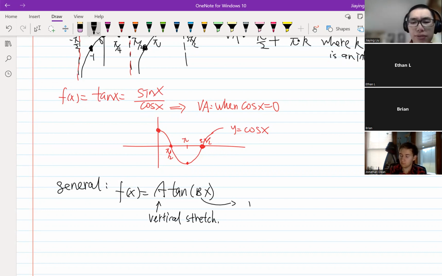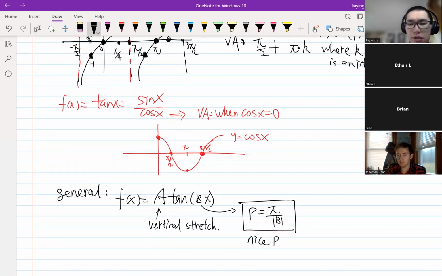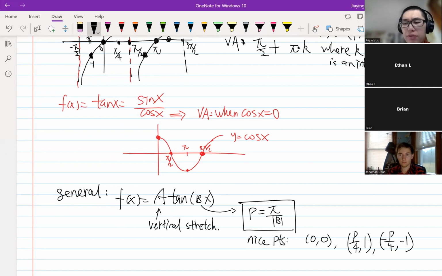We can write down the period is equal to pi divided by the absolute value of b. So that's the period of this specific tangent function in this form. And the nice points are still going to be the origin, period over 4 comma 1, and negative period over 4 comma negative 1. So if you want to memorize those points, you can do that.